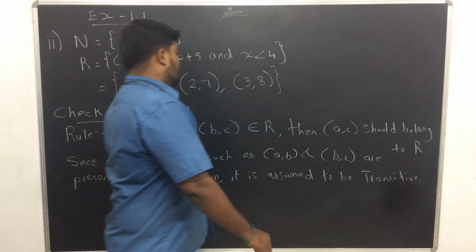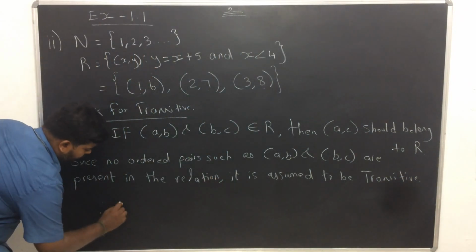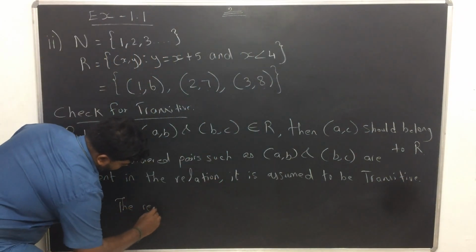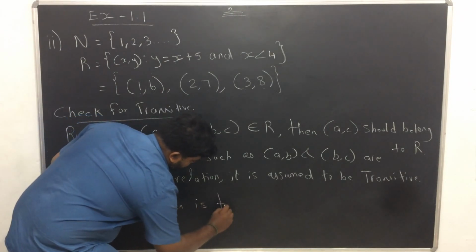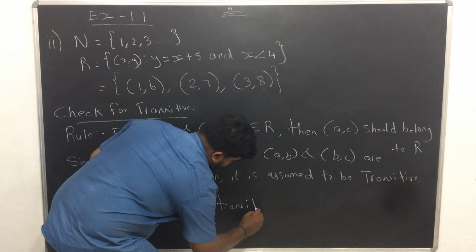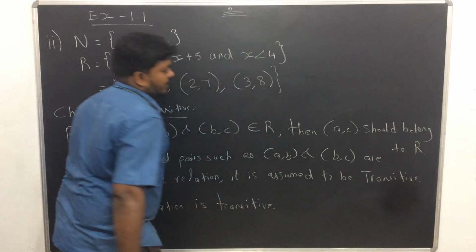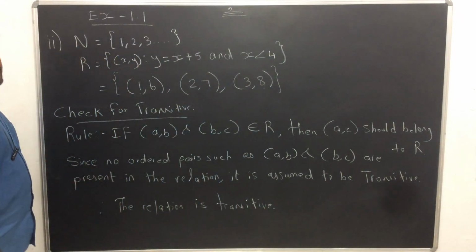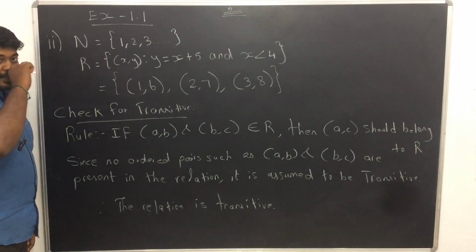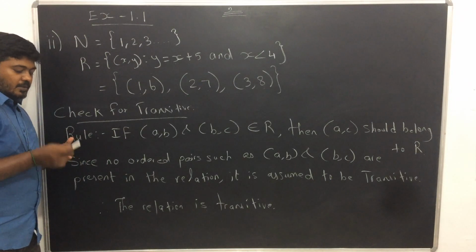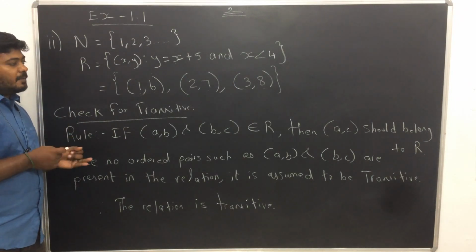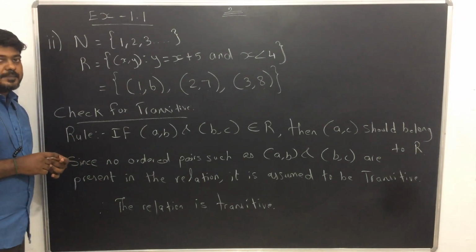The conclusion is, therefore, the relation is transitive. Okay, done, understood? So, what is the final answer for this sum? This relation is not reflexive, not symmetric, but it is transitive.